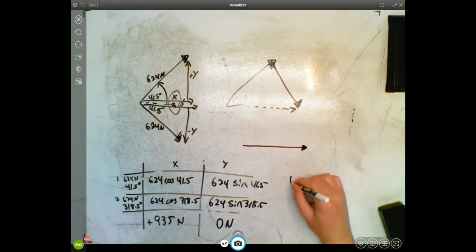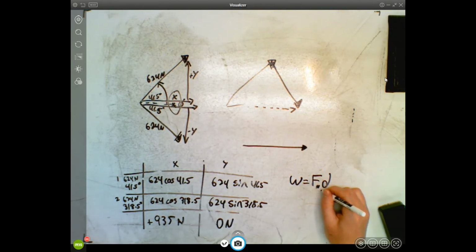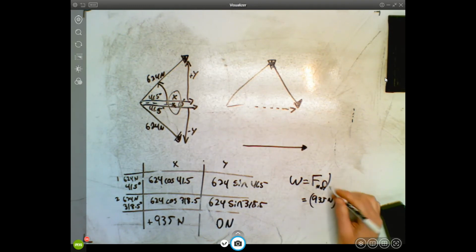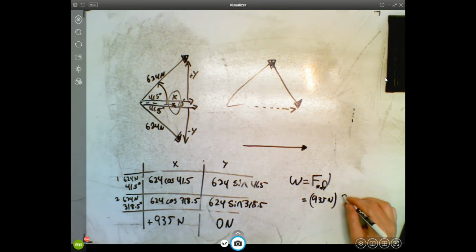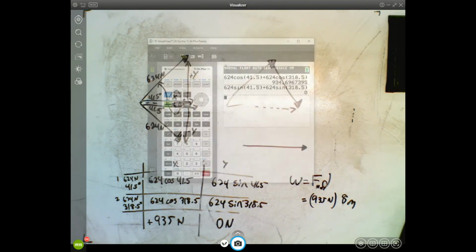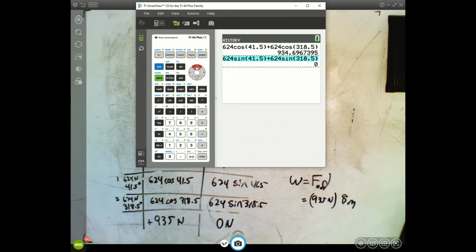So to bring this into this unit, it says that my net force is equal to 935 newtons. And my distance, it says in the question that it moves 8 meters. So I take my answer, my 935, and I multiply it by 8, and this is my answer.